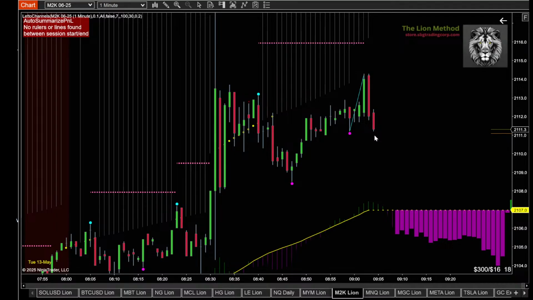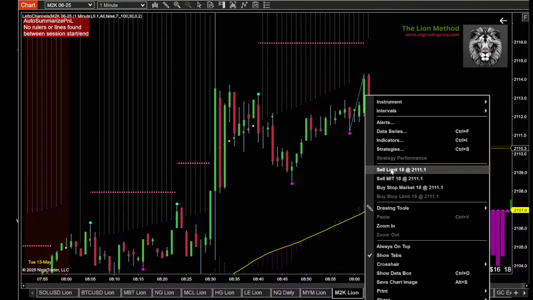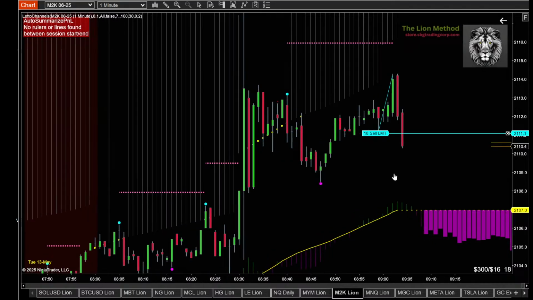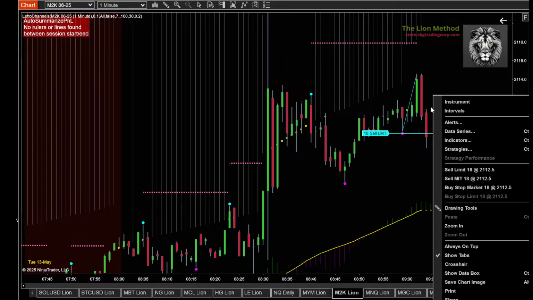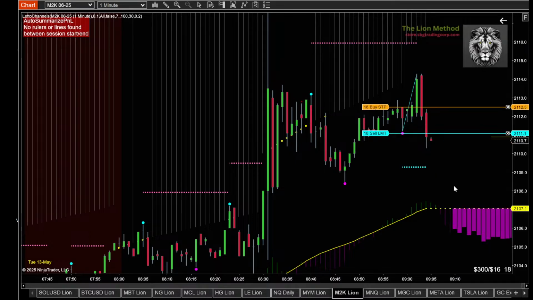So if the market pushes down to this level and it stops and a buying situation occurs, that's called a fake out. That's something to be very wary of. And what we're going to be doing is putting our stop loss right above the high of that bar. So if it gets filled now, we're going to be targeting this level as our target.